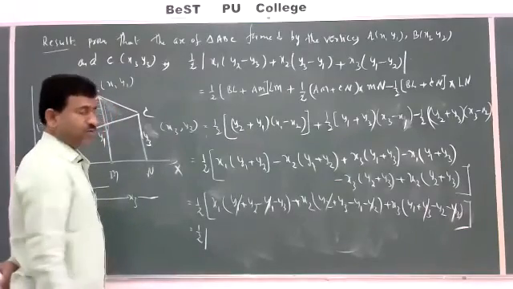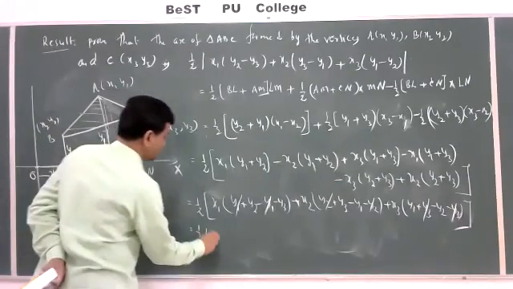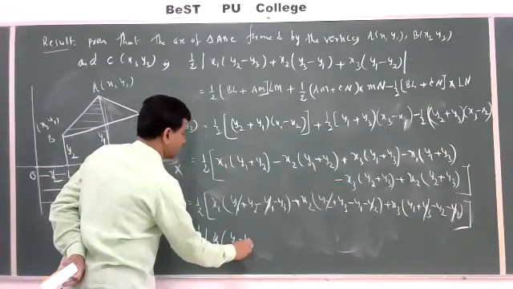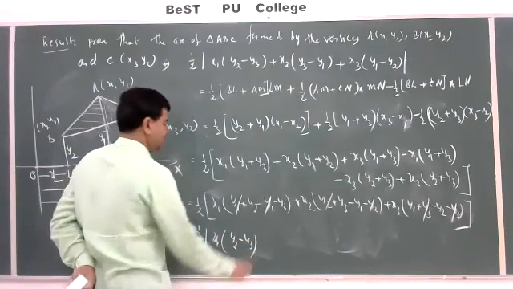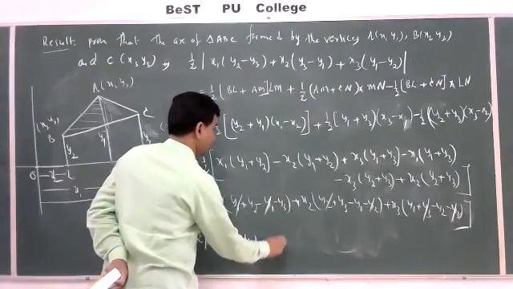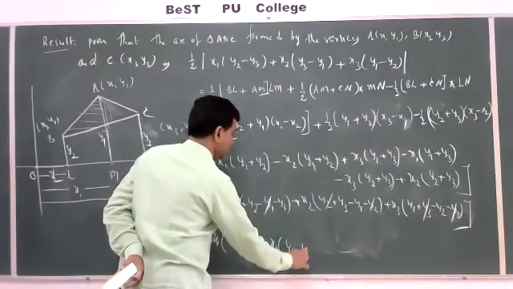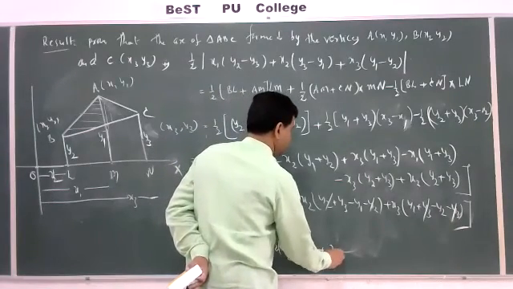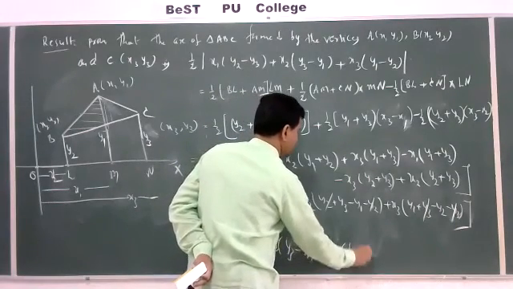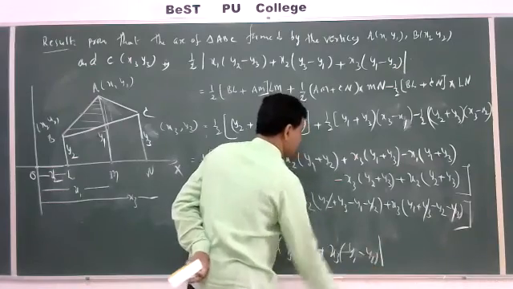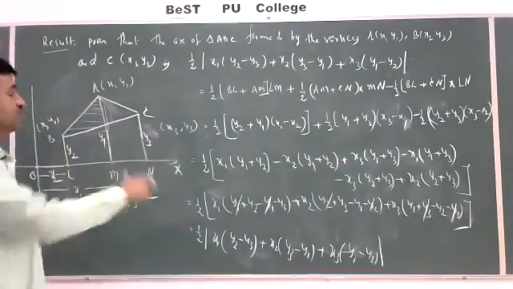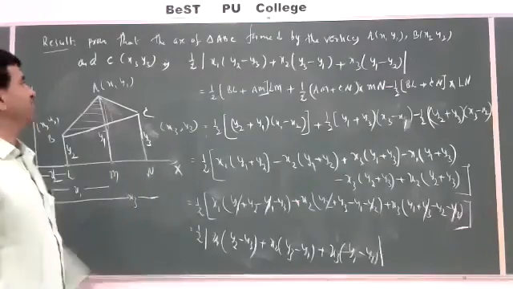That's all. 1 by 2 into x1 into y2 minus of y3 plus x2 into y3 minus of y1 plus x3 into y1 minus of y2. Generally area means we'll count in terms of positive value, so using the modulus. That is the required formula.